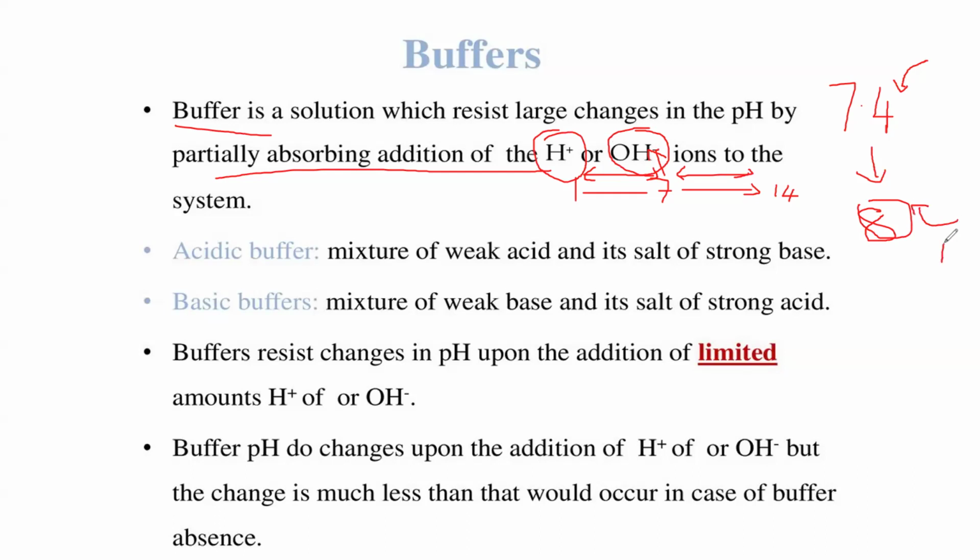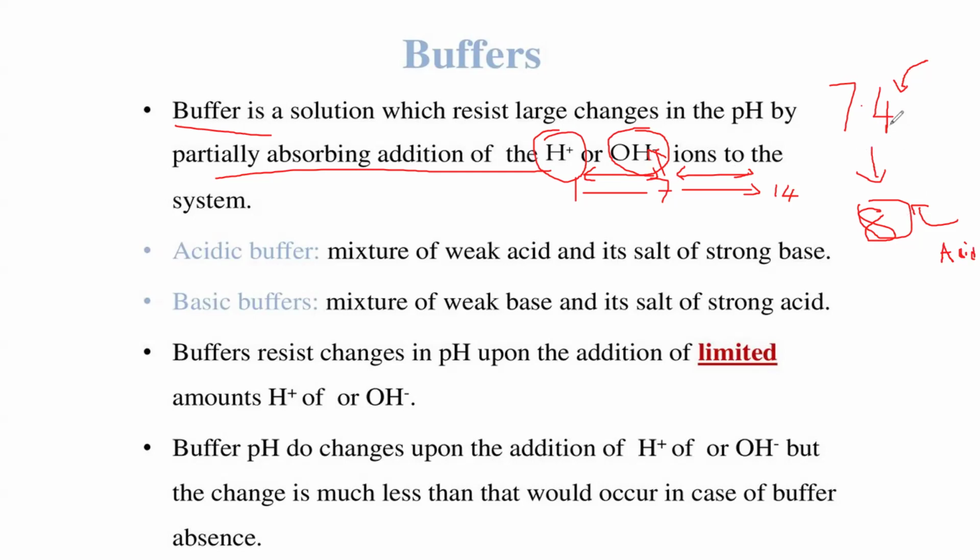How do you add an acid? By getting an acidic substance and adding it into the system. What is an acid? It's just a hydrogen ion. So once you add an acid, it's like you are adding hydrogen ions. Then the pH will start going back from 8 to 7.4.